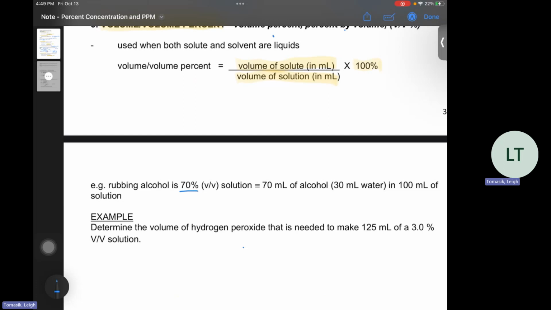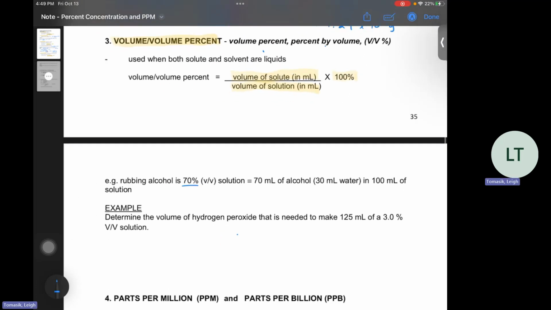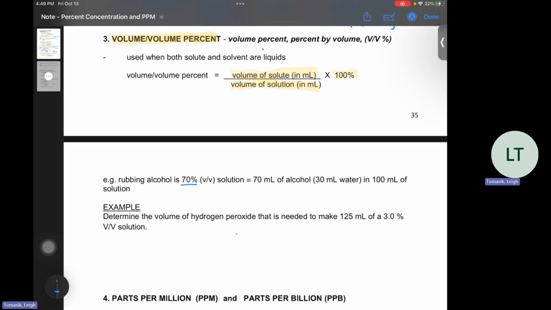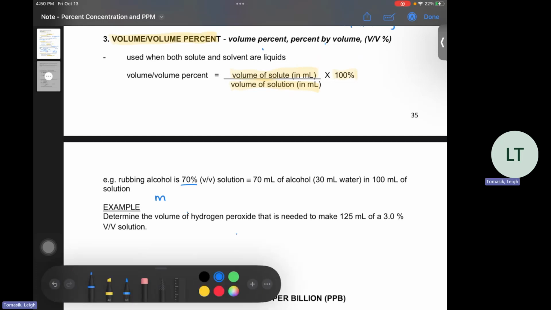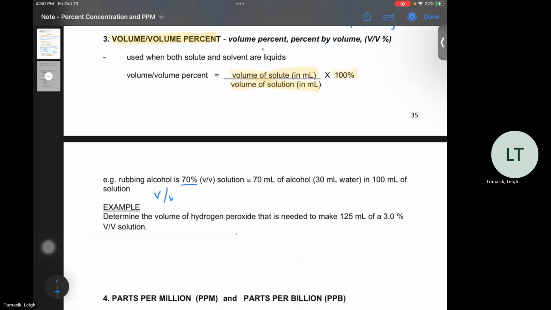So you could make your own solution up, right? So 70, the mass, no, the volume per volume percent is equal to, so you have 70 milliliters of alcohol in 100 milliliters of solution, right?